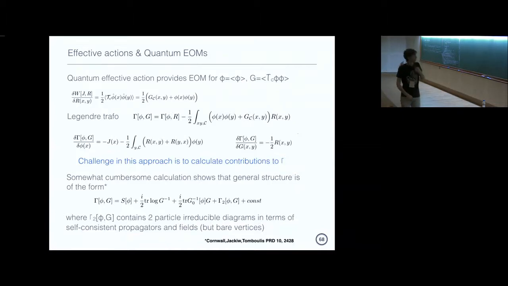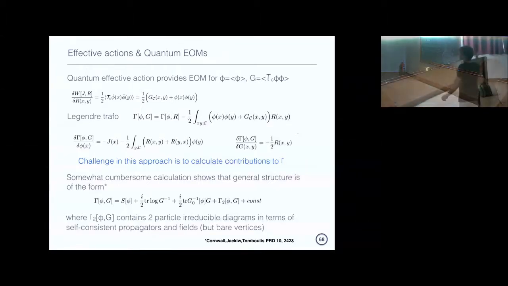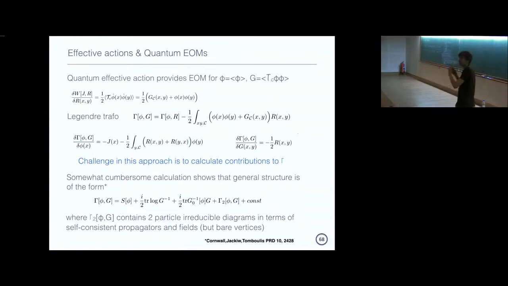We can again derive equations of motion. So the equation of motion for the scalar field, in principle, just receives an additional contribution. But at the end of the day, we're interested in setting these sources to 0, so it'll just be modified by the effective action having a different form. But now, in addition to having an equation of motion for the 1-point function, the expectation value of our field, we also get an equation of motion for the fluctuations in our system.